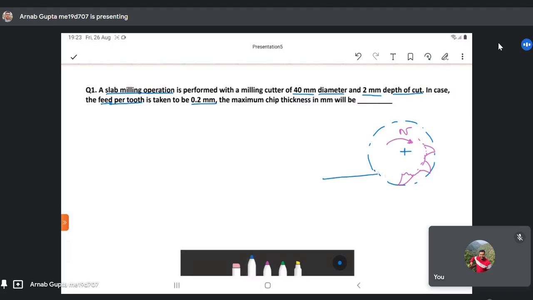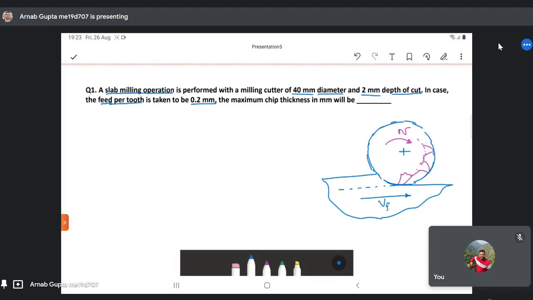You have the workpiece being fed in this direction. This is the feed motion of the workpiece, VF, and this is your depth of cut, delta, and this is the tool diameter, phi.